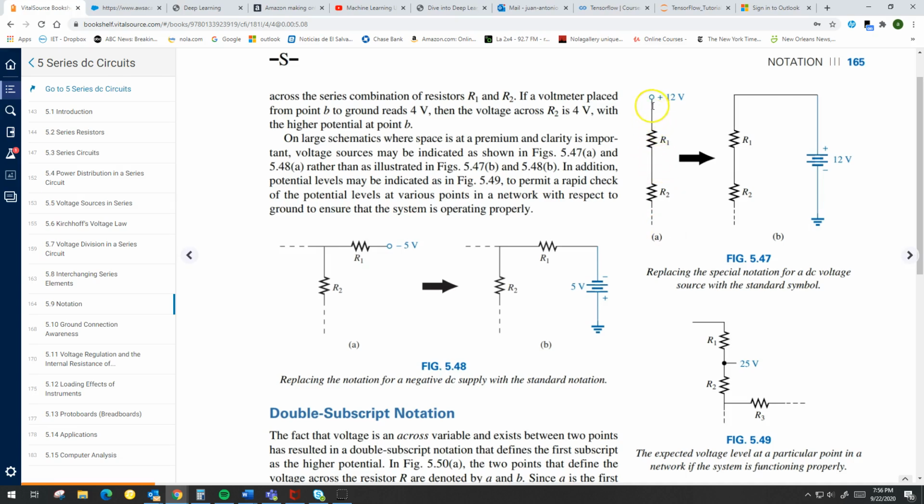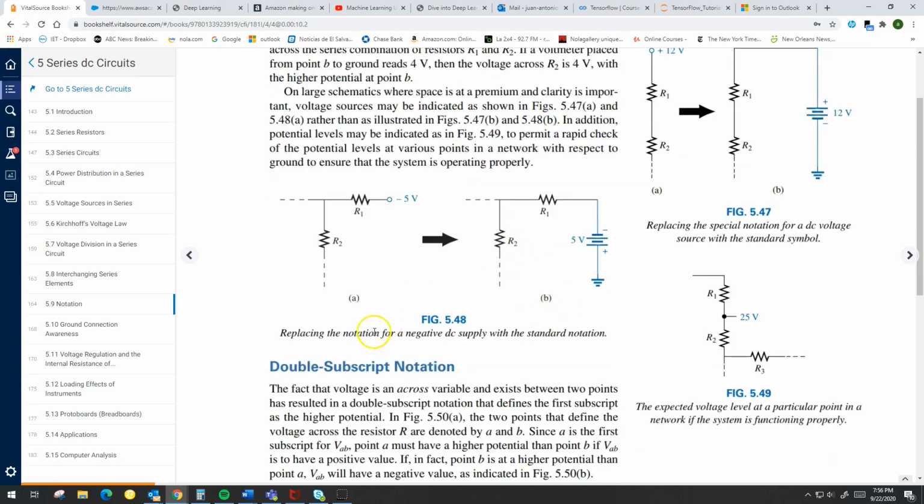It's saying R1 is connected to the positive of the source, see? They don't show you the other side of the battery because it's understood that the other side of the battery is going to be connected to ground. That's how we use this notation. It says that R1 is connected to the positive of the source. All right, so make sure you understand that notation.